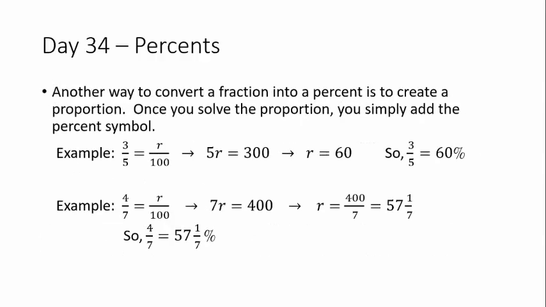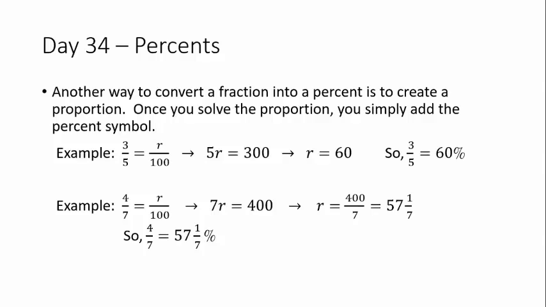Another way to convert a fraction into a percent is to create a proportion. We mentioned that a percent is actually a ratio, and so it would be natural to think of a proportion whenever you're converting a fraction into a percent. So looking at an example that we've done previously, 3/5, we create the proportion 3:5 as r is to 100.